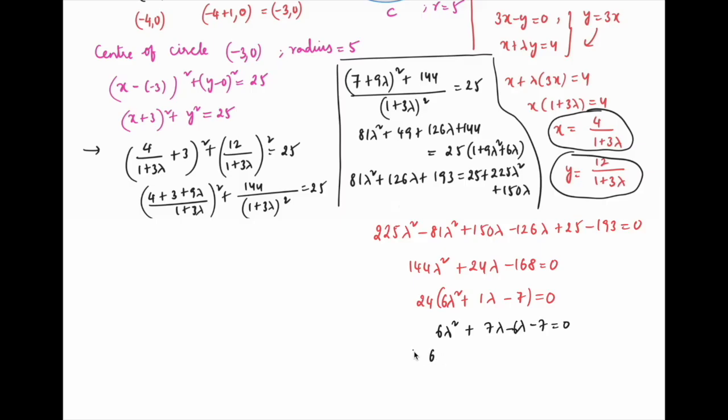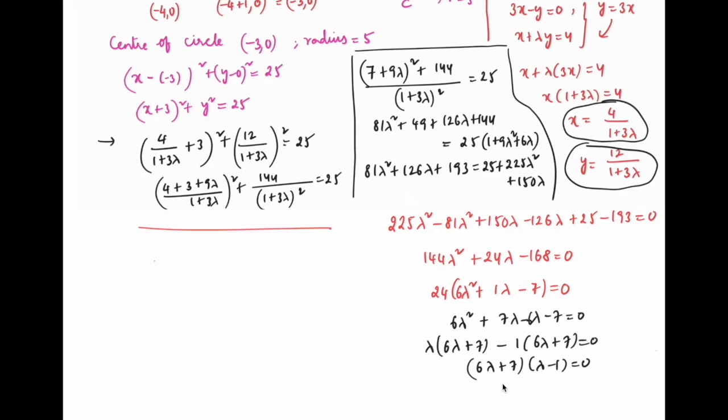So 6 lambda taken common, 6 lambda plus 7 minus 1 taken common, 6 lambda plus 7 is equal to 0. So we can get (6 lambda plus 7) into (lambda minus 1) is equal to 0. So 6 lambda plus 7 is equal to 0 and lambda minus 1 equals 0. So we are getting lambda is equal to minus 7 by 6 and another lambda is 1.